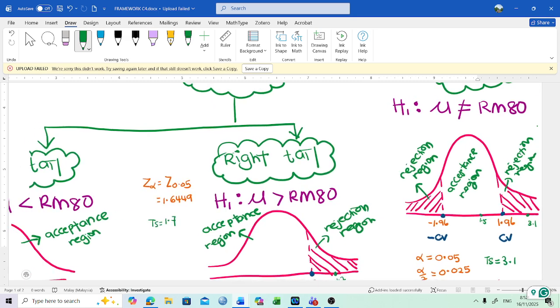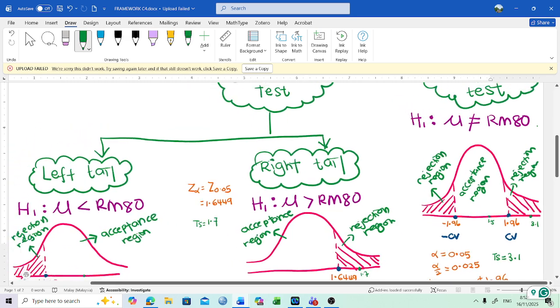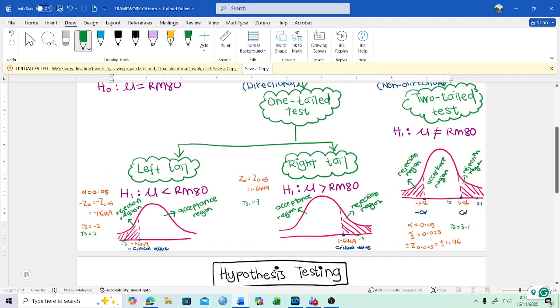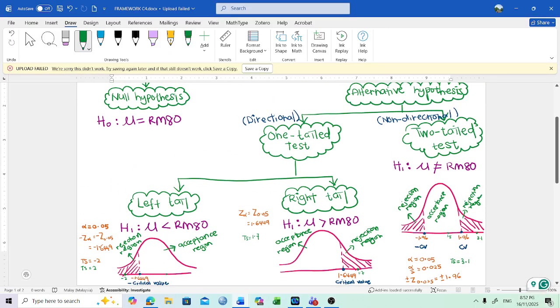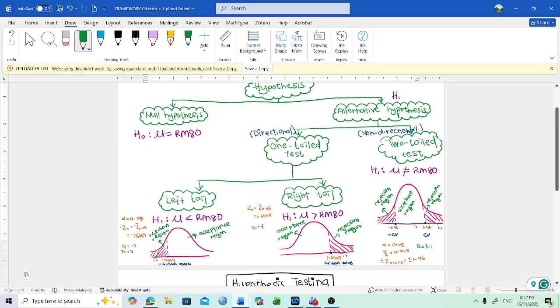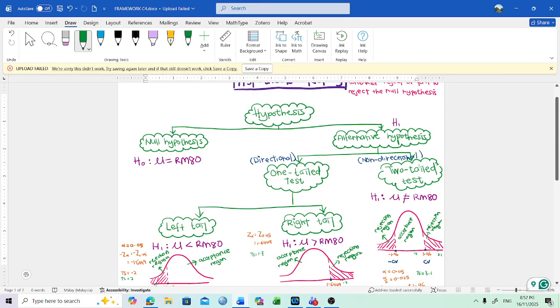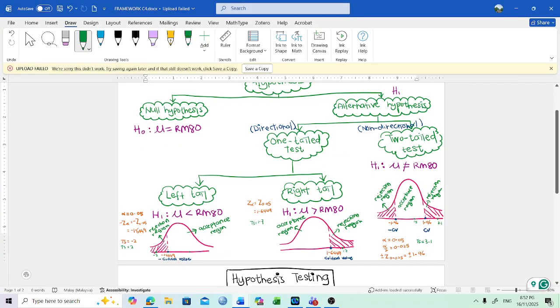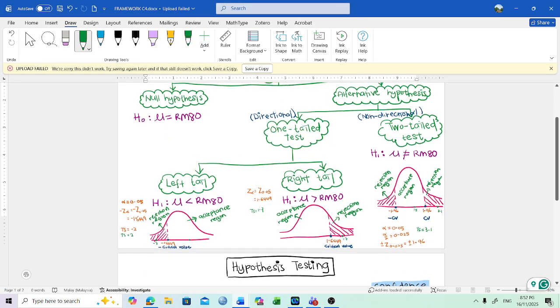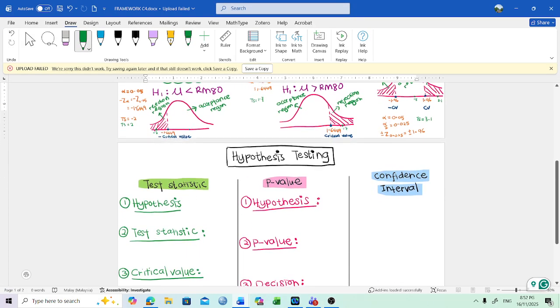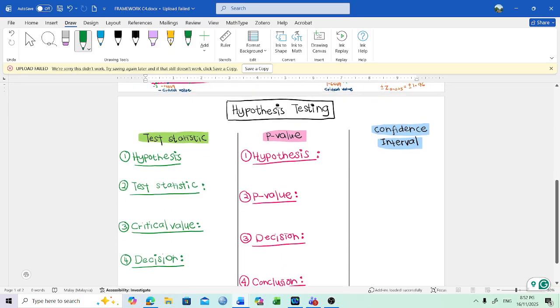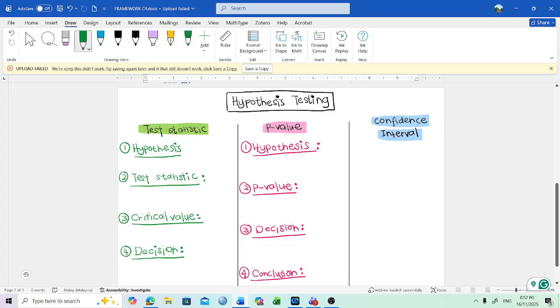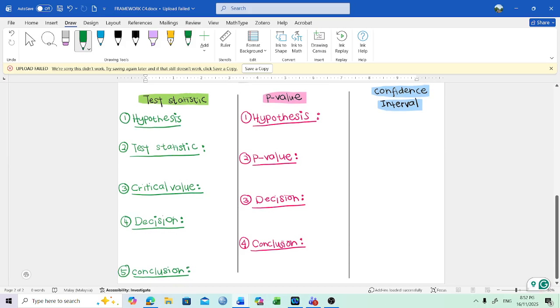So next are the steps in hypothesis testing. For hypothesis testing, I will show you two methods here: the traditional method, which is the test statistic method, and the p-value method.